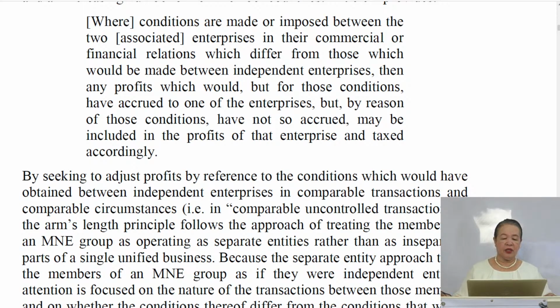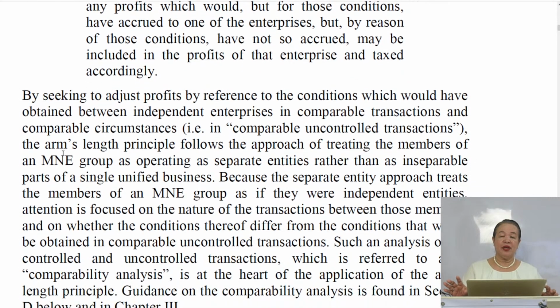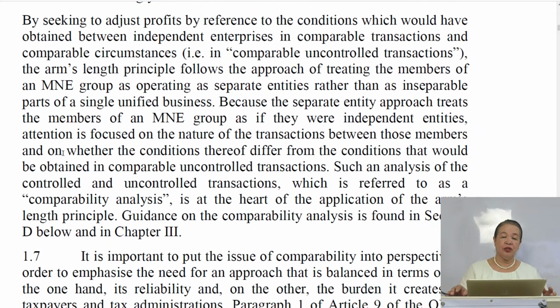So by seeking to adjust profits by reference to the conditions which would have obtained between independent enterprises in comparable transactions and comparable circumstances. Since in transfer pricing, in applying the arm's length principle, we have to compare related parties with independent parties, what do we compare? Comparable transactions and comparable circumstances.